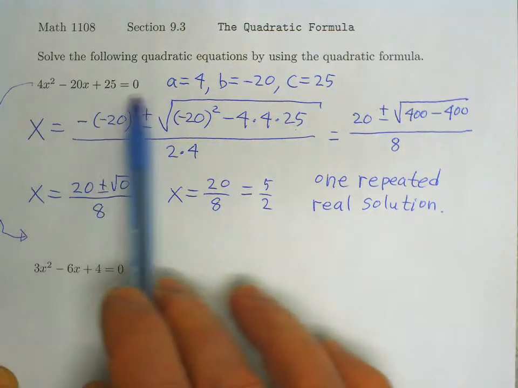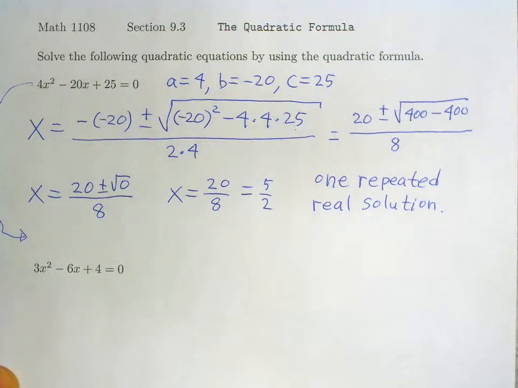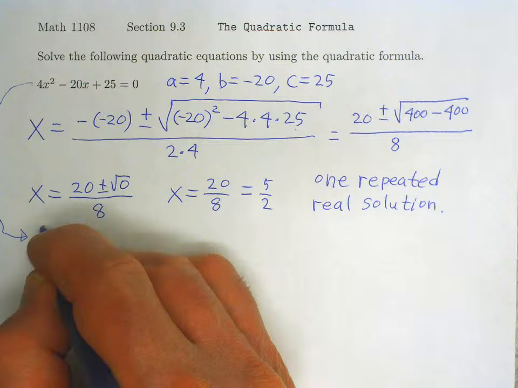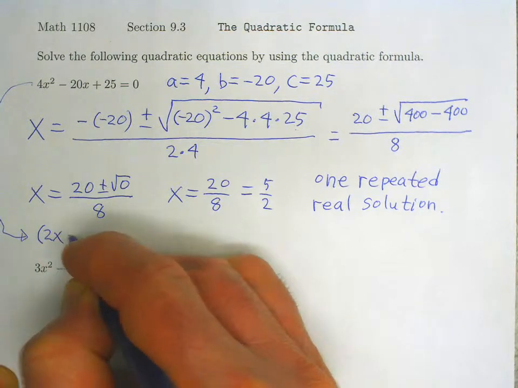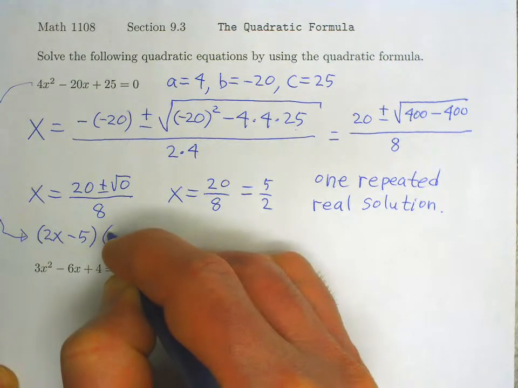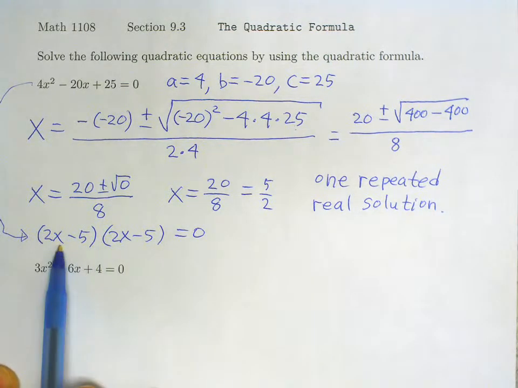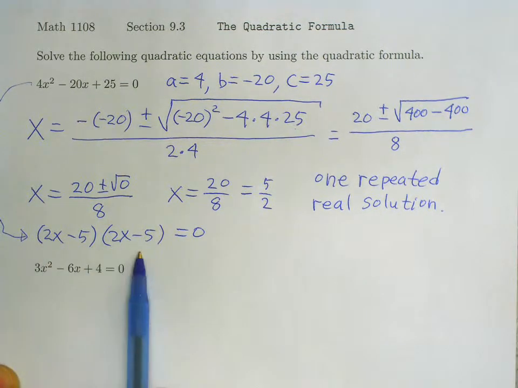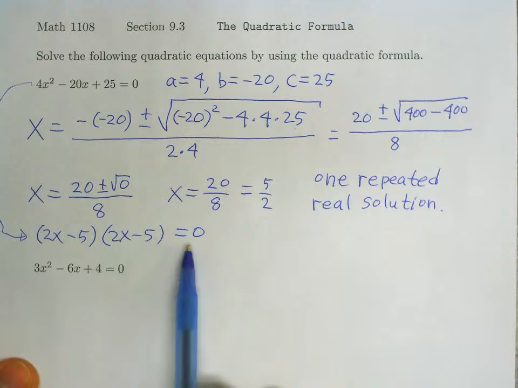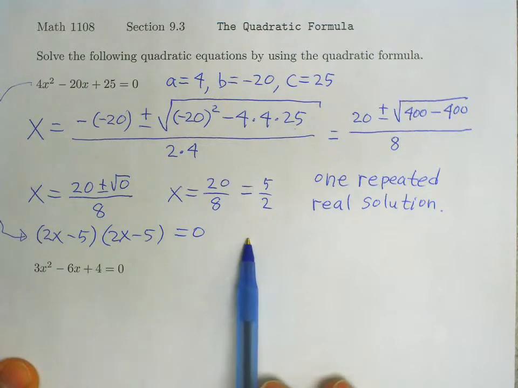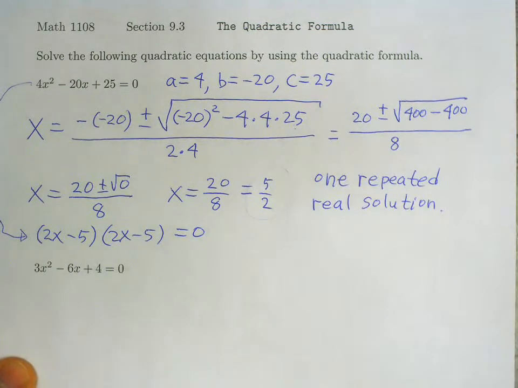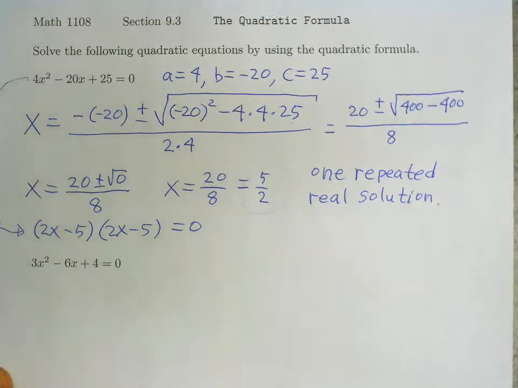You can solve this one by factoring easily enough. The 2 factors are 2x minus 5 and 2x minus 5. So since the factors are identical, you would just set one of those equal to 0 and solve for x, and you'd still get the same result, 5/2.